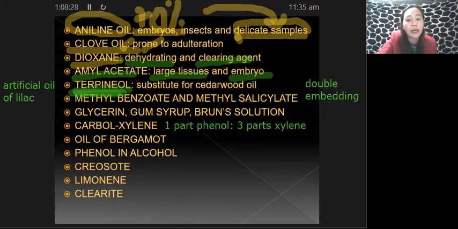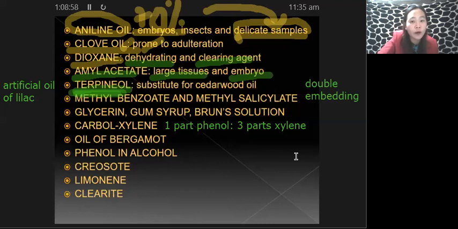Apart from that, you have to thoroughly rinse your slide, kasi slide ang ginagamit dito, or your smears in xylene before you mount.